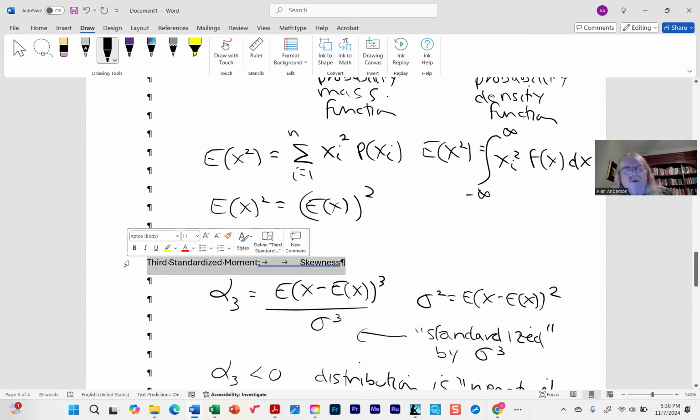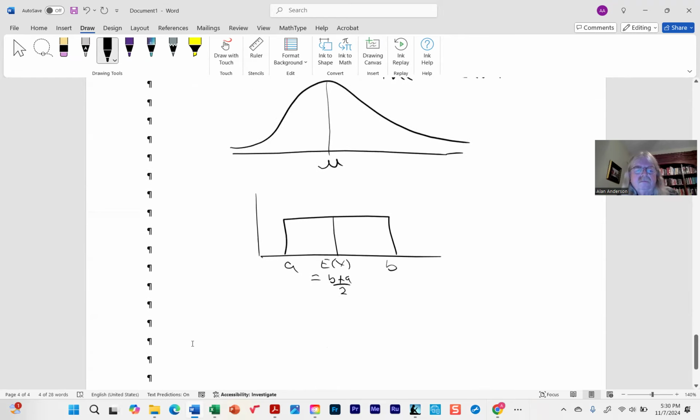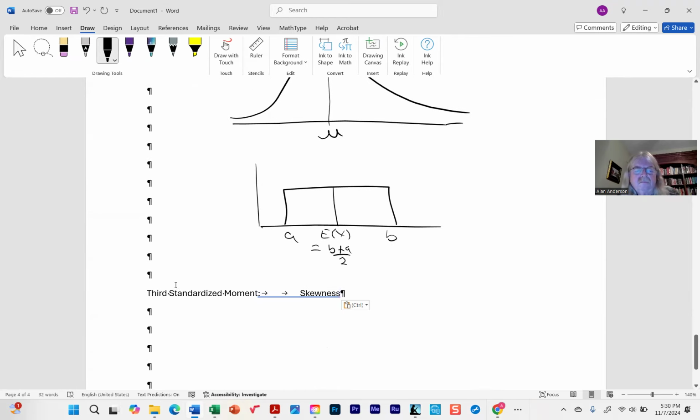The fourth one is the so-called kurtosis. So we call this the fourth. In practice, there might be higher order moments, but we don't see them used very often. Even these two, you don't see them at all.